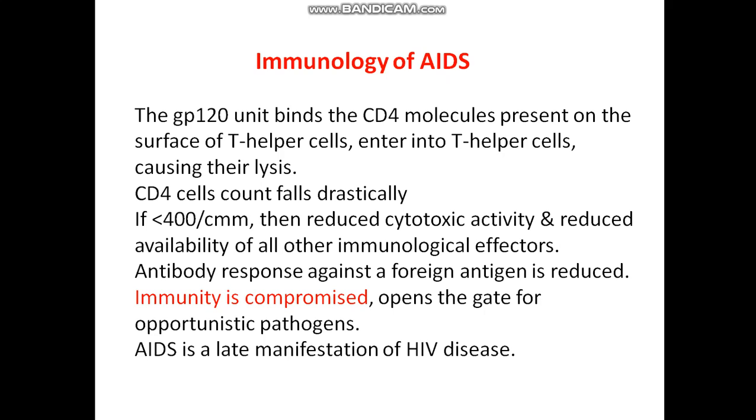Then there is reduced cytotoxic activity, reduced immune response, and reduced availability of all other immunological effector cells. Now the immunity of the patient is compromised and opportunistic pathogens can attack and worsen the condition. This is the late manifestation of HIV disease, known as AIDS, acquired immunodeficiency syndrome.